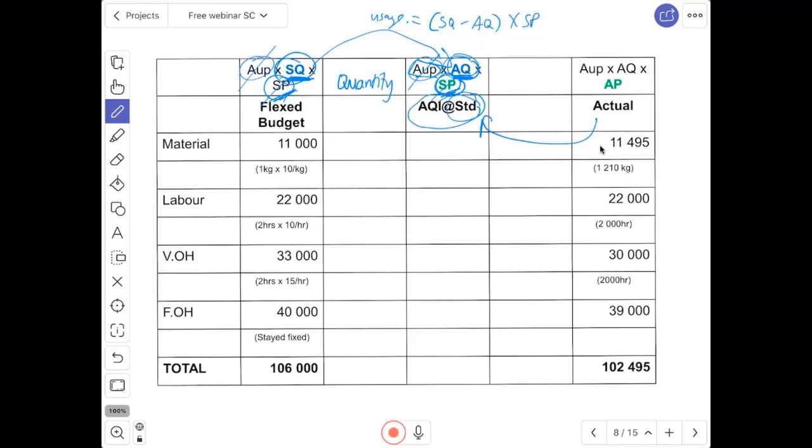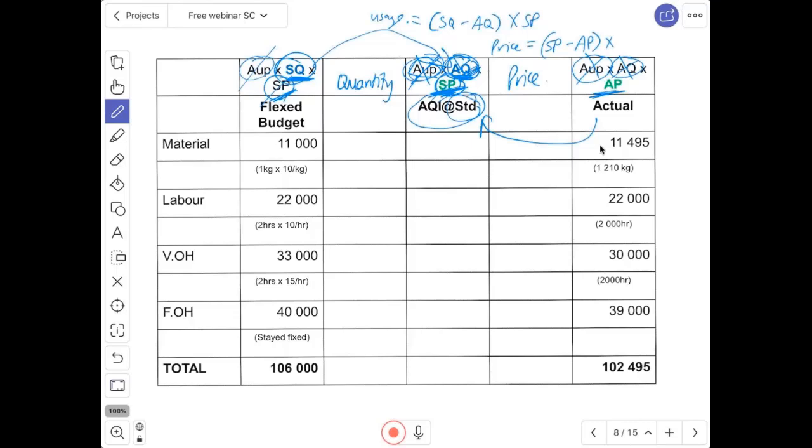Let's look at the price variance. We've got actual units produced, so no difference there. Actual quantity, no difference there. But in green here, we've got standard price versus actual price. So price variance equals standard price less actual price multiplied by, and now we can't remember which one.